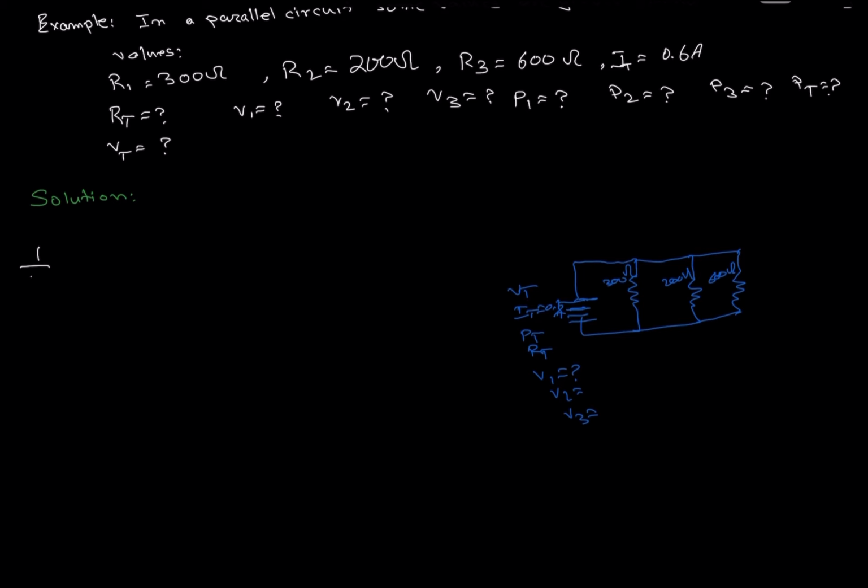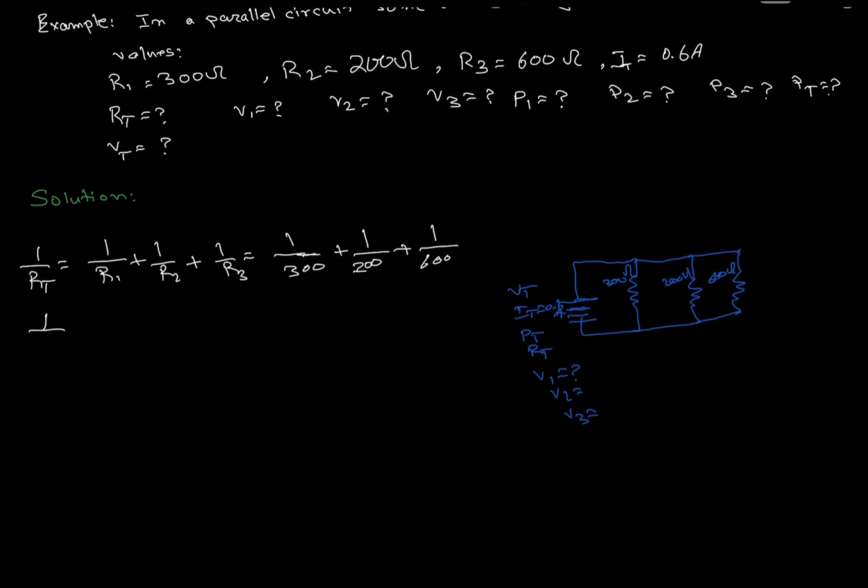If we use the formula, 1 over RT is equal to 1 over R1 plus 1 over R2 plus 1 over R3. Okay, let's plug in those values. 1 over 300 plus 1 over 200 plus 1 over 600.